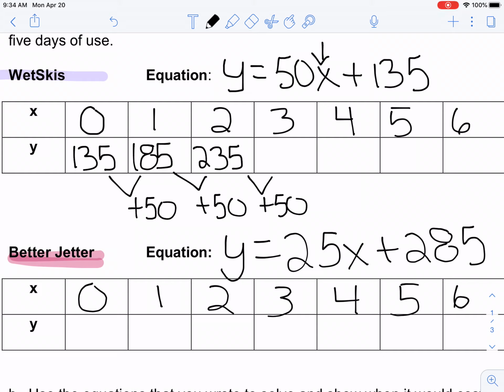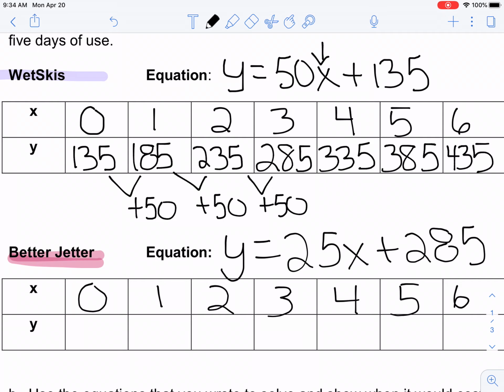Okay? So 3 would be 285. 4 would be 335. 5 would be 385. And 6 would be 435.